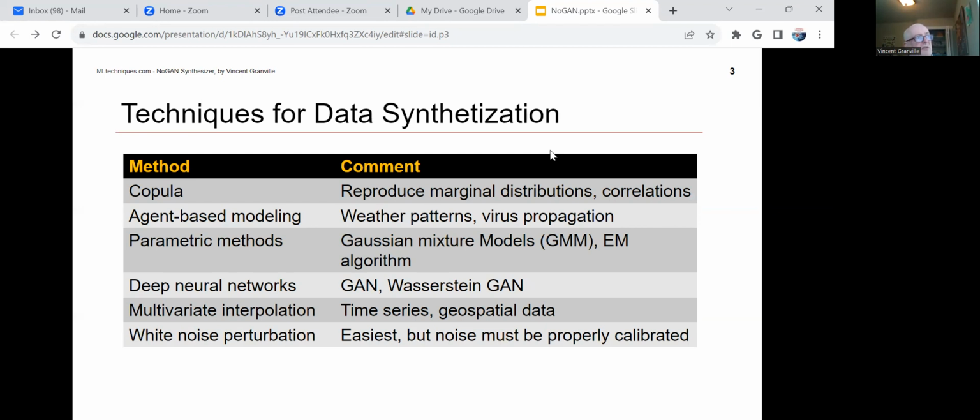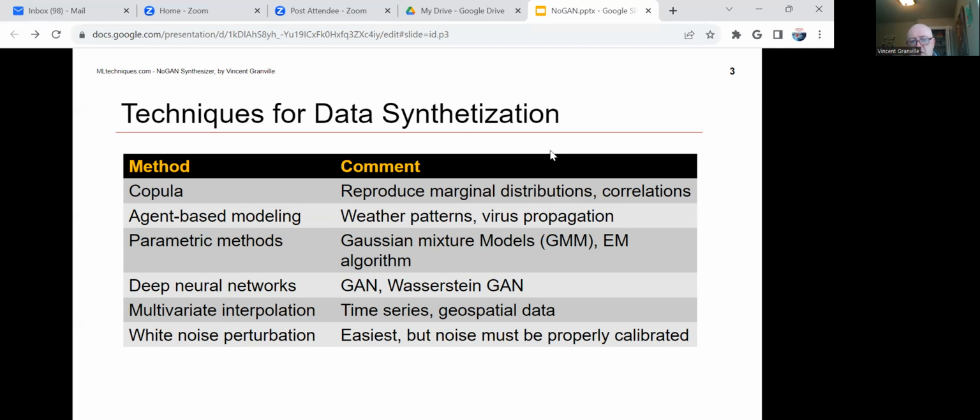Agent-based modeling is more related to operations research. You might have seen videos about viruses spreading across the United States, from east to west. That's where agent-based modeling is being used.